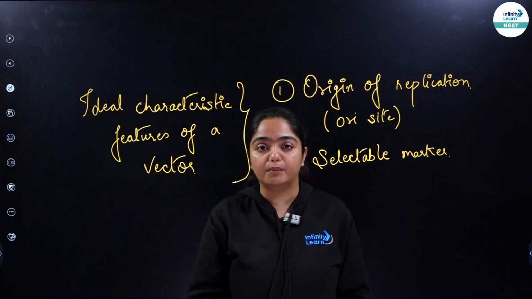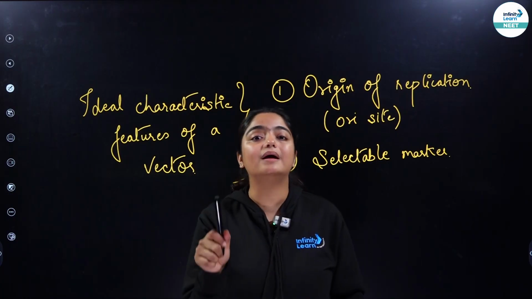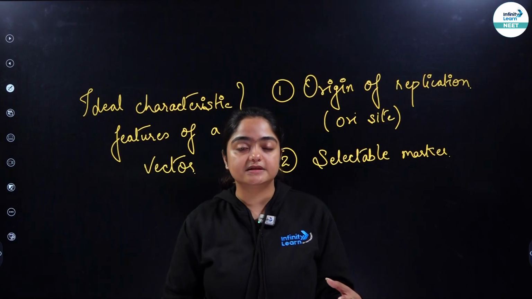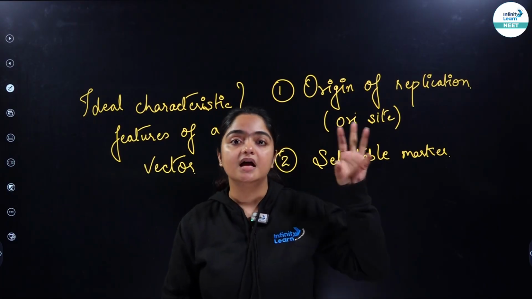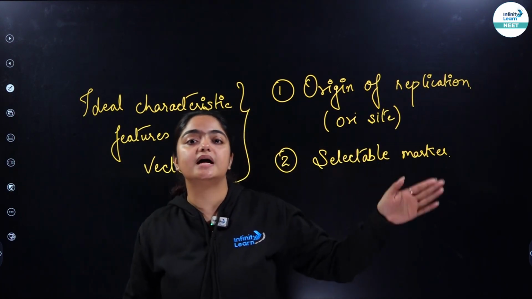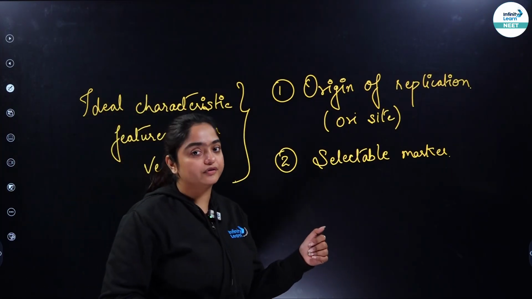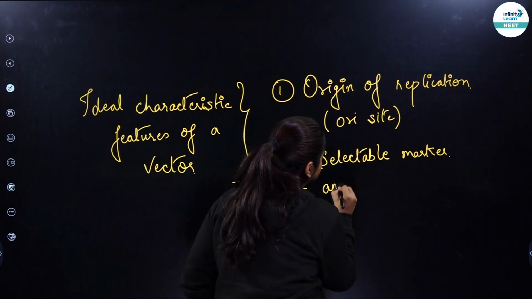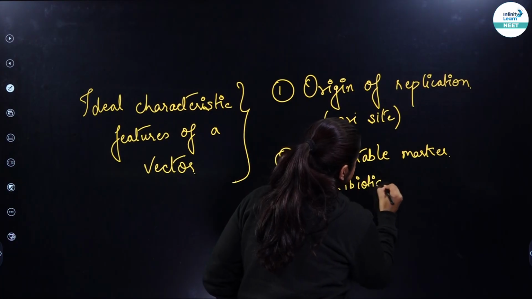Non-recombinant or non-transformant does not have the desirable gene, correct? So by the name itself, it's clear: the selectable marker will help us to select the correct piece of DNA, or to identify between transformant and non-transformant, or between recombinant and non-recombinant, correct? Usually, this could be various antibiotic resistance genes.